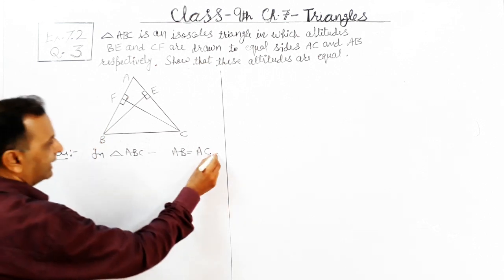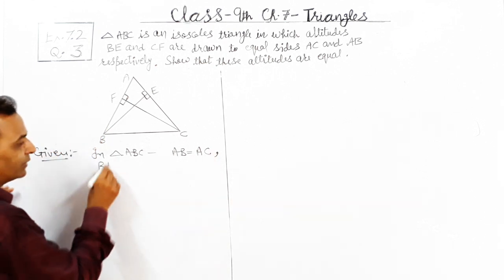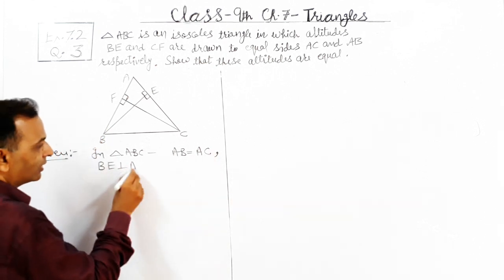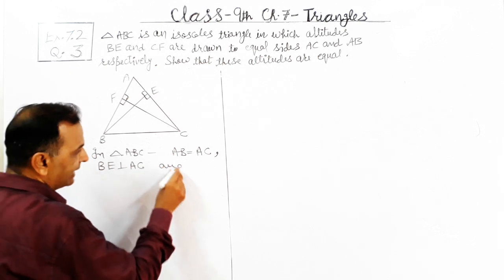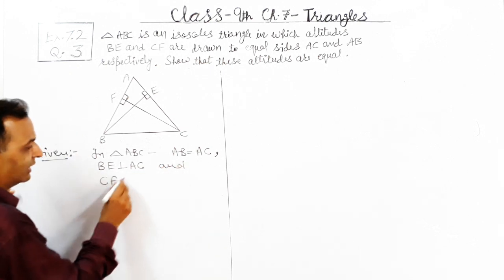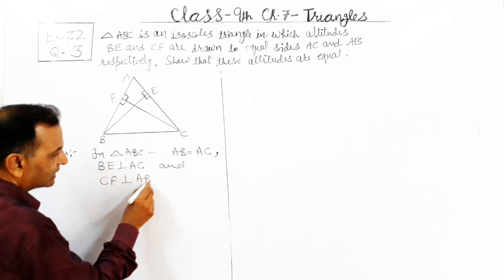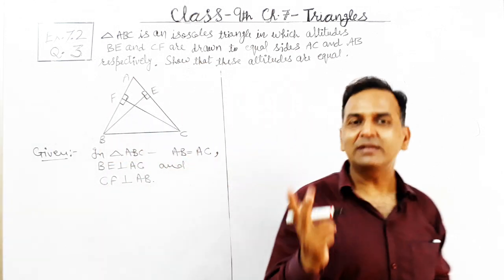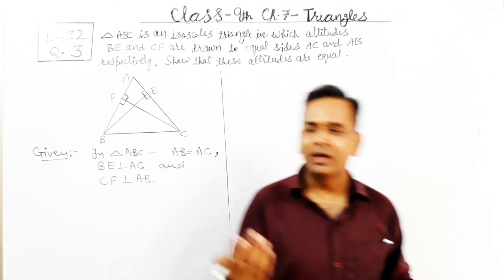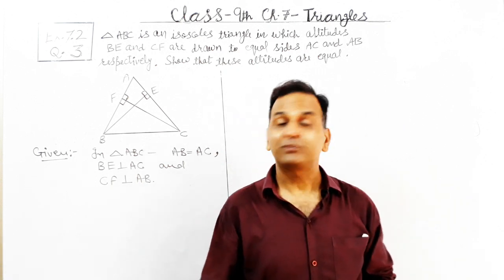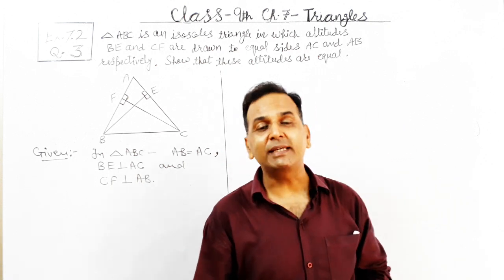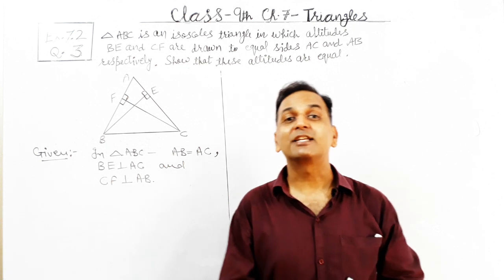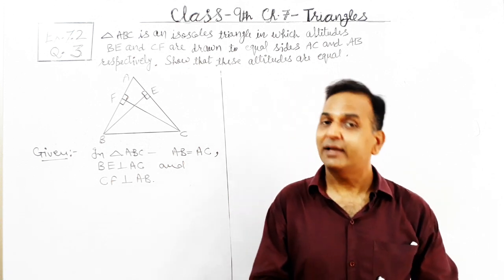Next, BE is perpendicular to the side AC, and the altitude CF is perpendicular to the side AB. So this is all about the given. The three pieces of information which are given: AB and AC are equal, altitude BE is on side AC, and altitude CF is on the side AB.